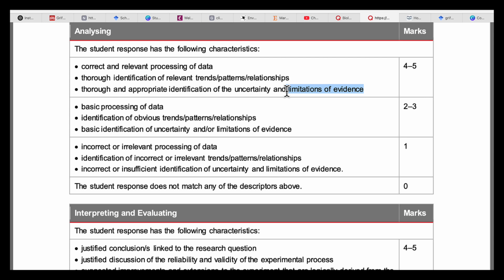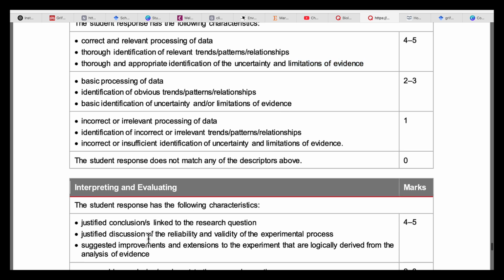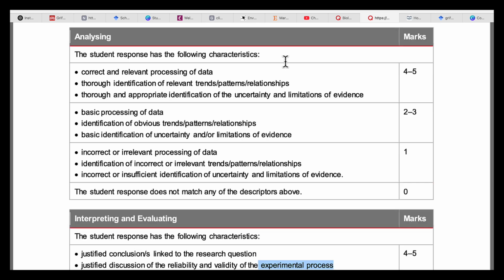Okay, so we're evaluating the quality of the evidence. How good is that evidence to be able to answer our research question? And then down here, we're actually looking at the experimental process. Okay, the evidence, the method. Now, they do link together because if the method's poor, it increases the uncertainty.